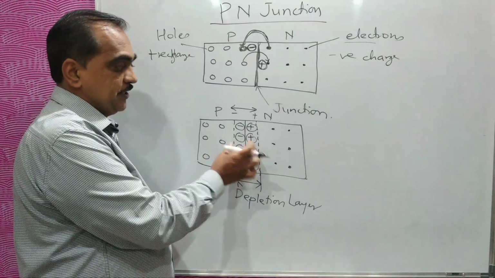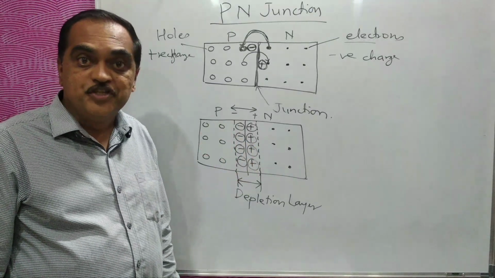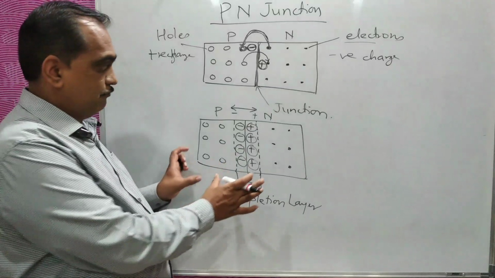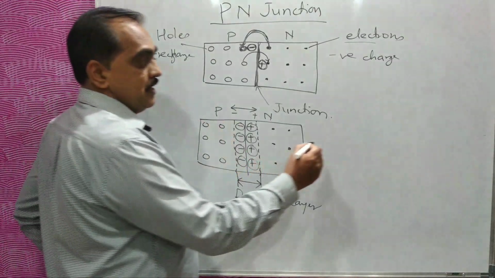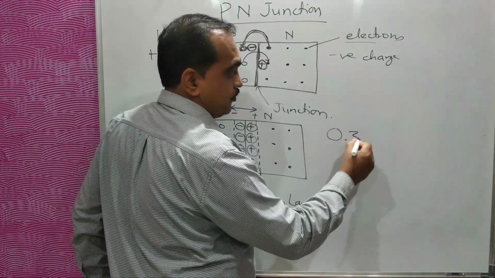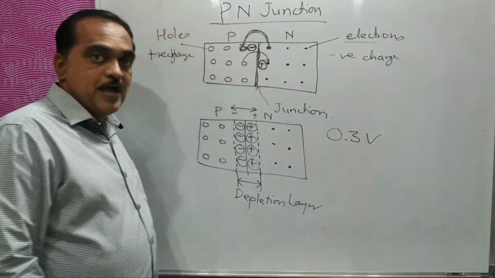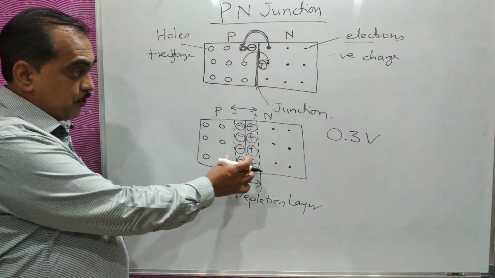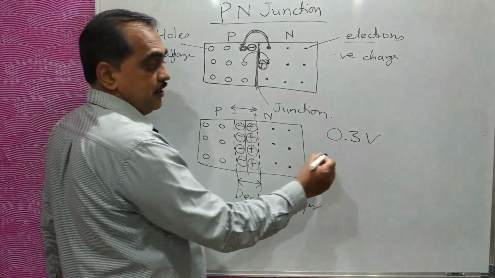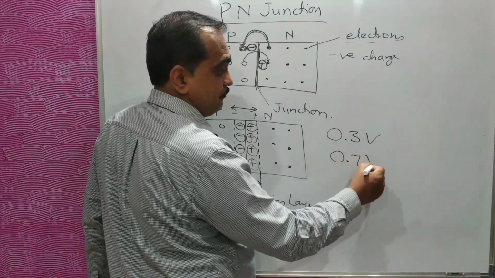If you take germanium material for your P-type and N-type, this barrier potential will be around 0.3 volt. If you take silicon material, the barrier potential will be 0.7 volt.